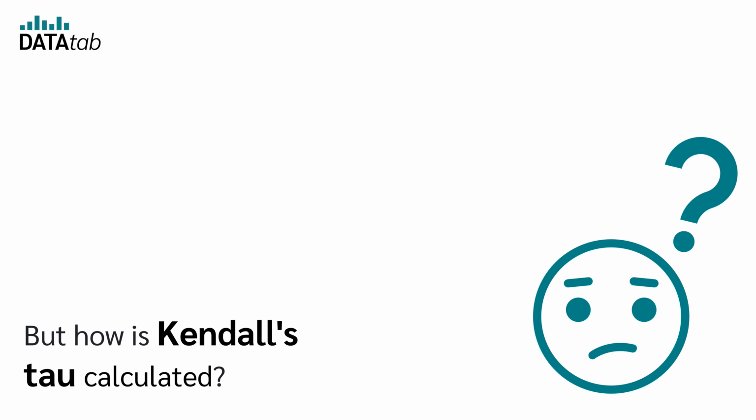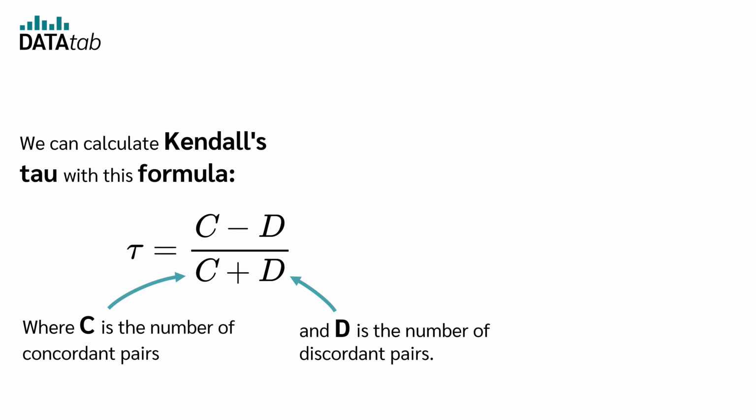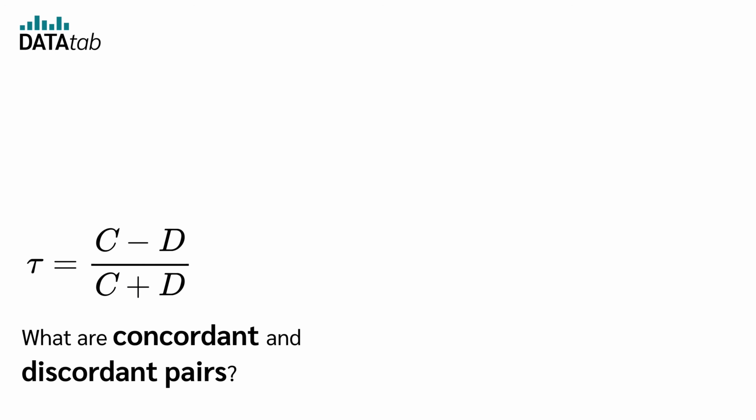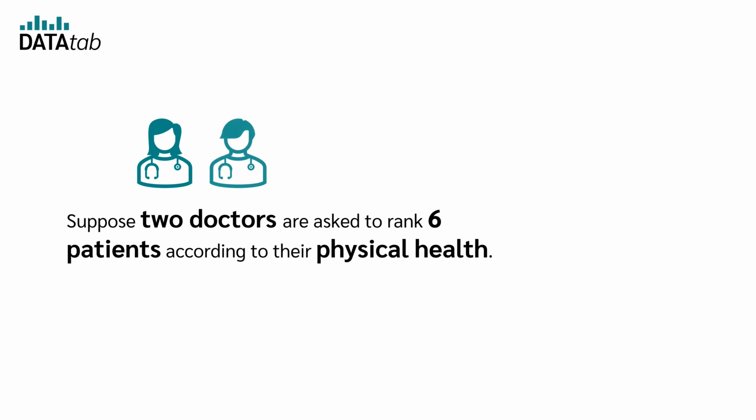But how is Kendall's Tau calculated? We can calculate Kendall's Tau with this formula, where C is the number of concordant pairs and D is the number of discordant pairs. What are concordant and discordant pairs? We will now go through this with an example. Suppose two doctors are asked to rank 6 patients according to their physical health.